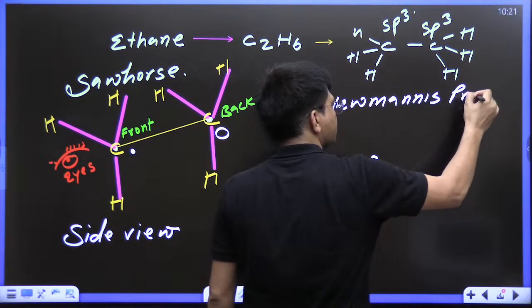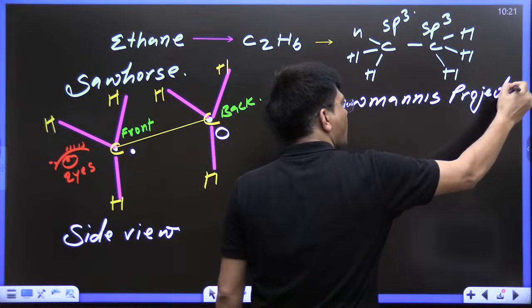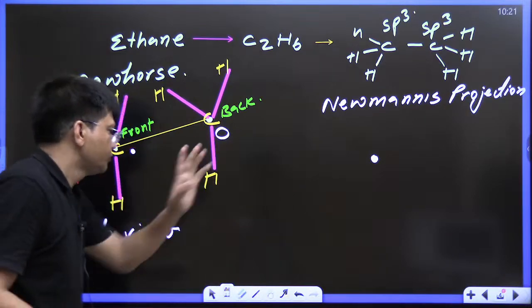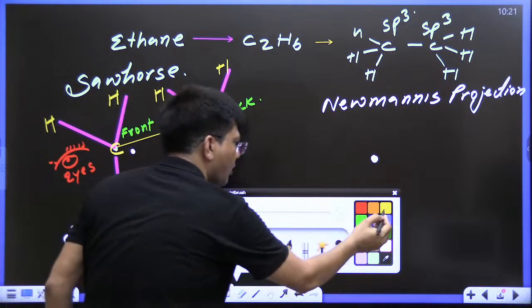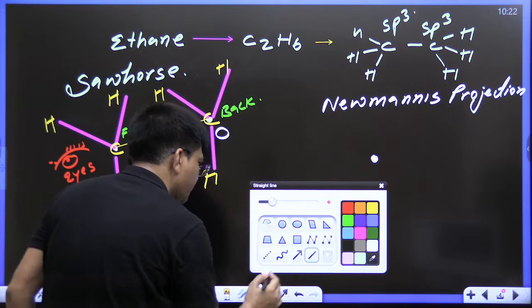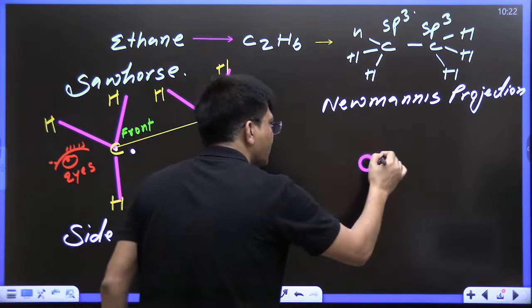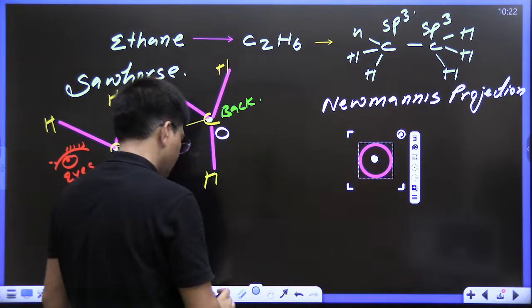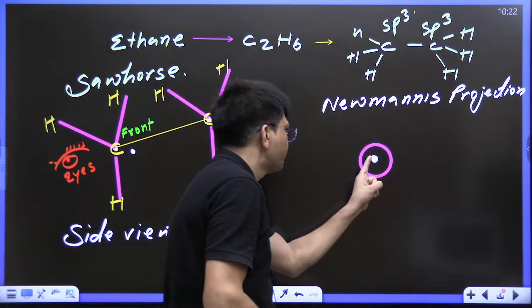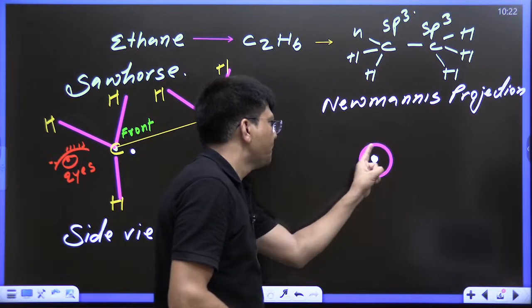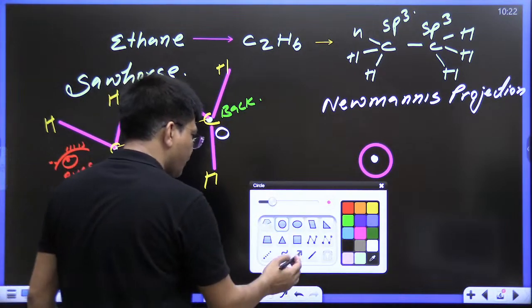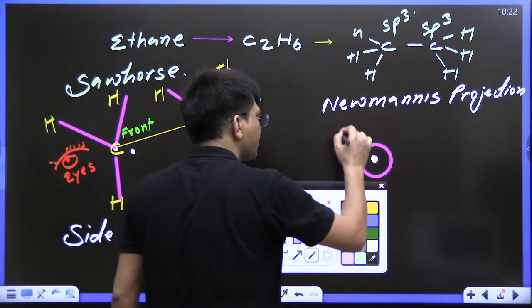Newman said, this is my front carbon with a small dot, and he drew the back carbon with a big circle. Now the front carbon has 3 hydrogens. Let me draw 3 hydrogens on the front carbon.